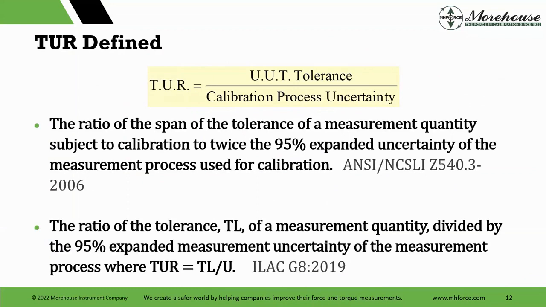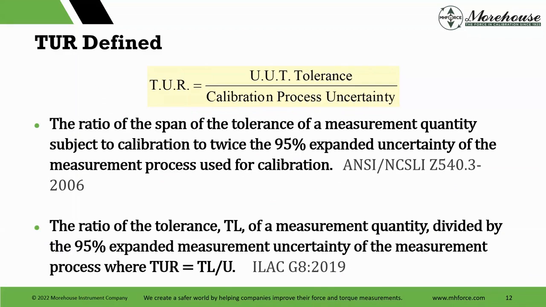So if we define that TUR, we have two definitions. One's ILAC G8, the other is ANSI NCSLI Z540.3, and it's the ratio of span of the tolerance of a measurement quantity subject to calibration to twice the 95% expanded uncertainty of the measurement process used for calibration. Then ILAC G8, the ratio of tolerance of a measured quantity divided by... they're very similar.